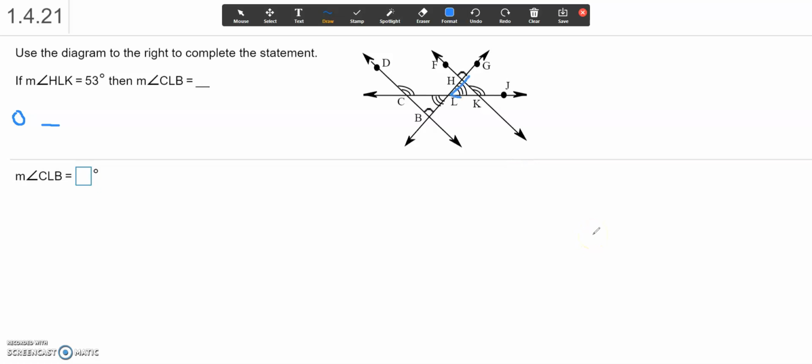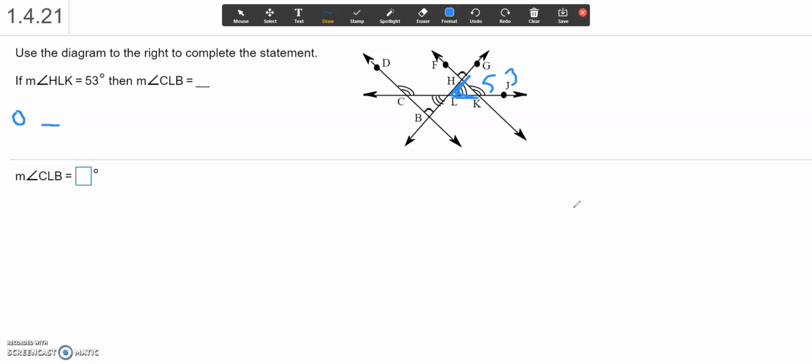HLK is this angle that has 3 marks on it. Those marks are just trying to show you what it's congruent to. So if this angle has 3 marks, it's congruent to the other angle that has 3 marks right here. But that angle is 53, HLK right there.